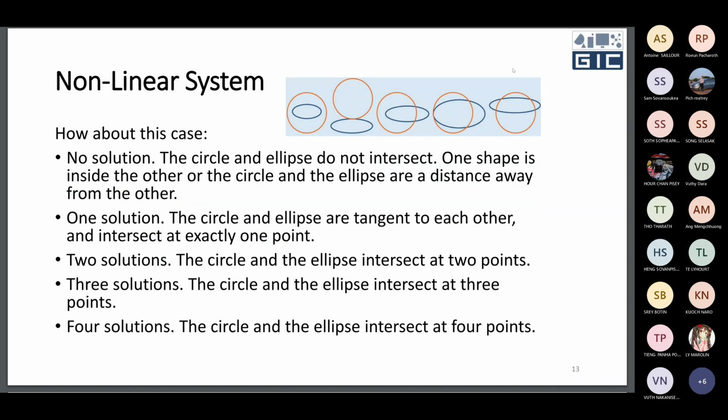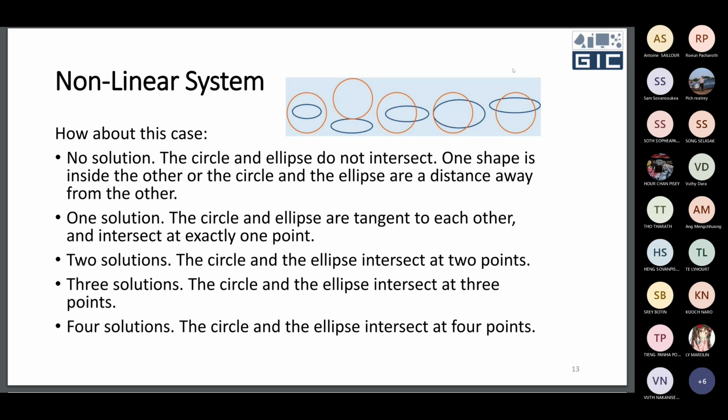So this is the definition just to represent the picture. When the ellipse and circle have no intersection, they have no tangent, sorry, so you don't have solutions.